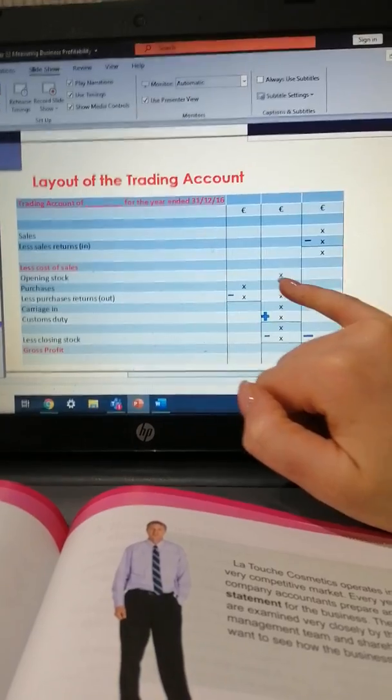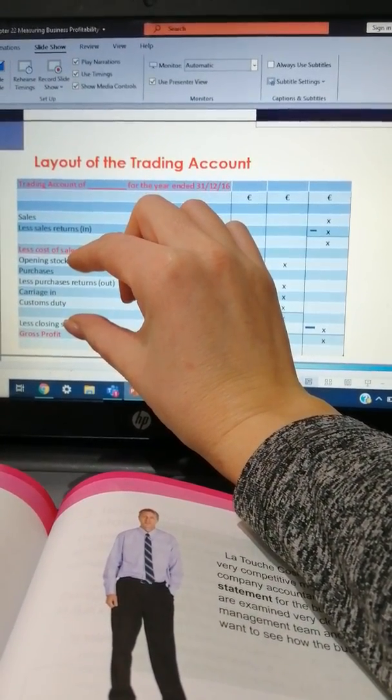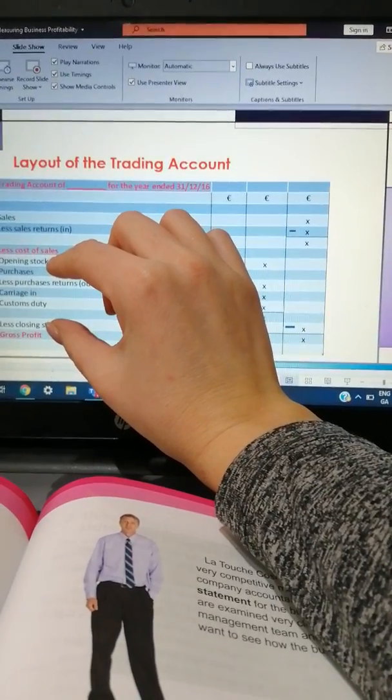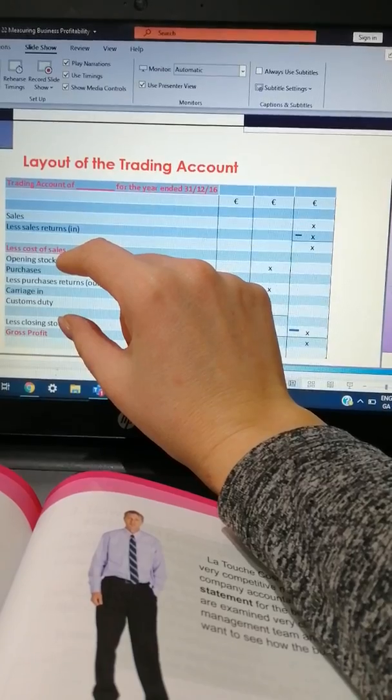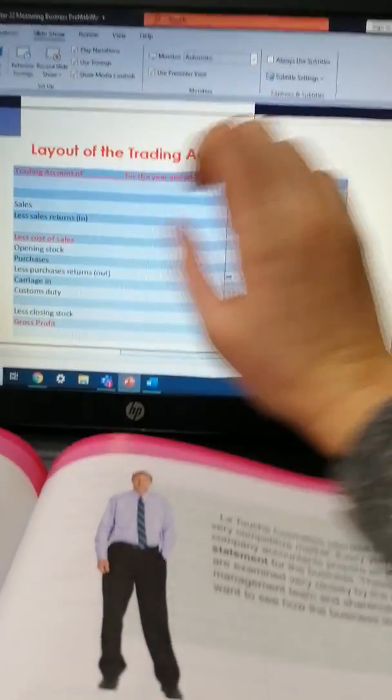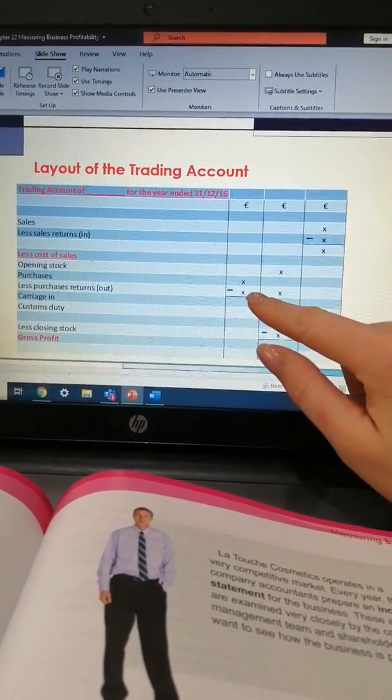Then we go on to this section here, which is the cost of sales. What we actually have to do is add up all of the cost of sales to find out how much it costs us to sell the product, and then we take it away from sales. So again, we use our X's.